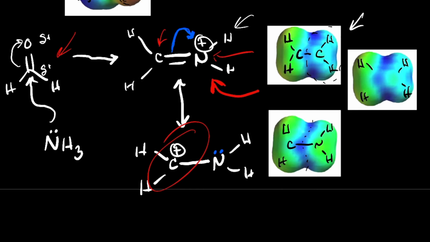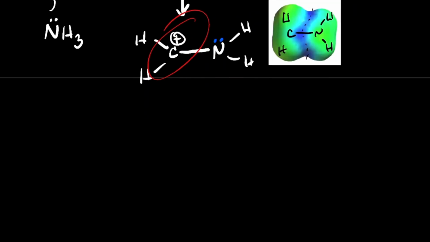Now, for resonance stabilization, you have to remember that we can only push a pair. You can only push 2 electrons at a time. There is something called homolytic bond cleavage, but if you have a pi bond, it's perfectly good to push 2 electrons around.